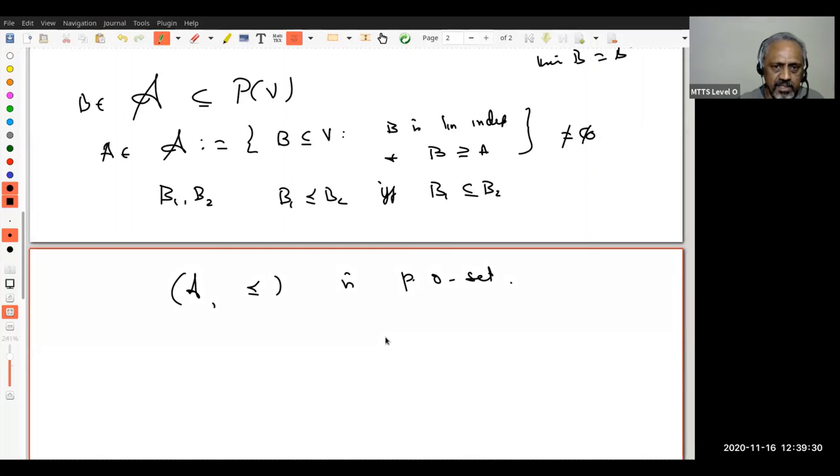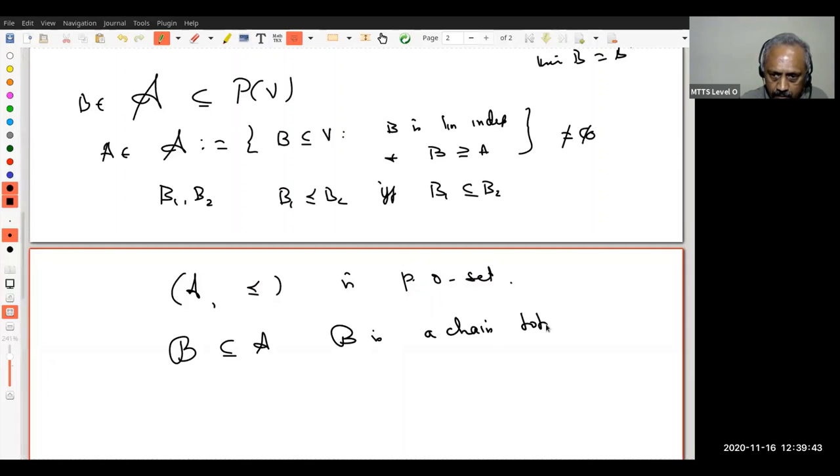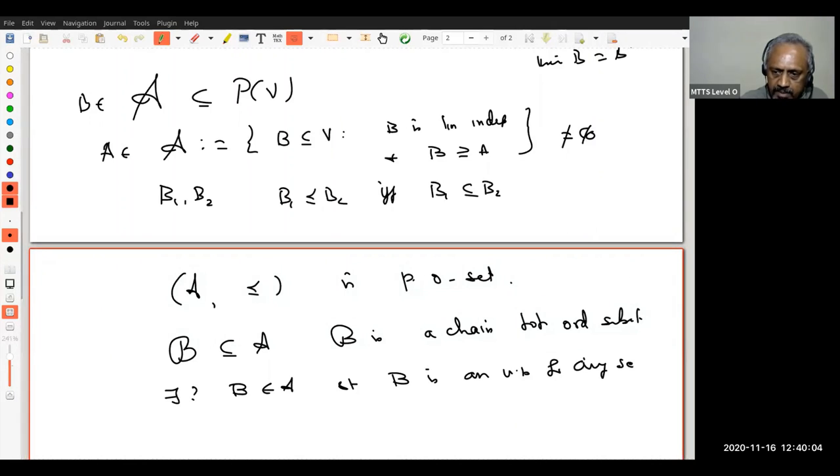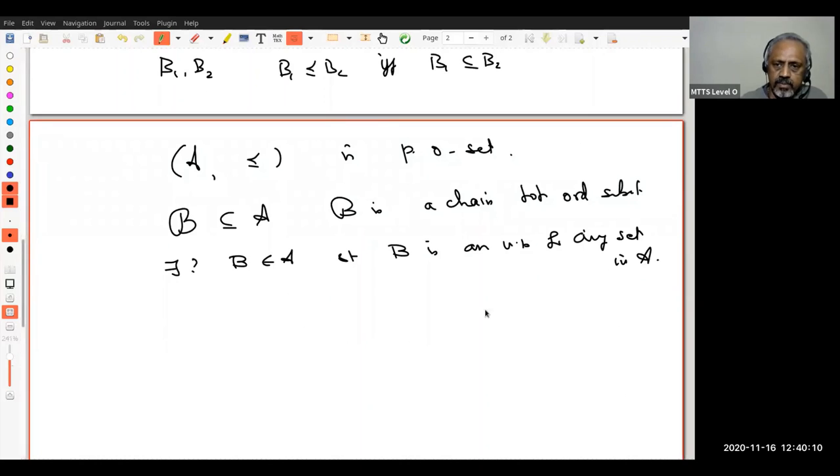The condition is if you give me a chain, that is, suppose you give me a B, this is a subset of script A, so that B is a chain, that is a totally ordered subset, then I have to say whether there exists some B in script A such that B is an upper bound for any set in script A. Is that clear? Let me call it as some. Okay, let it be.